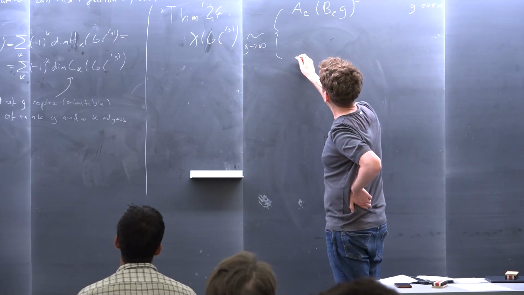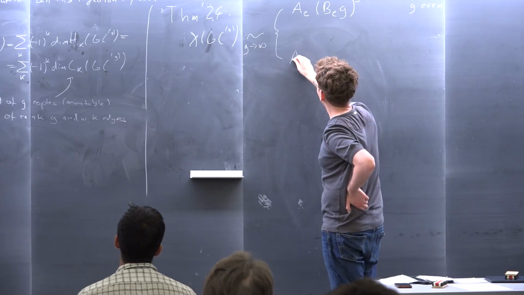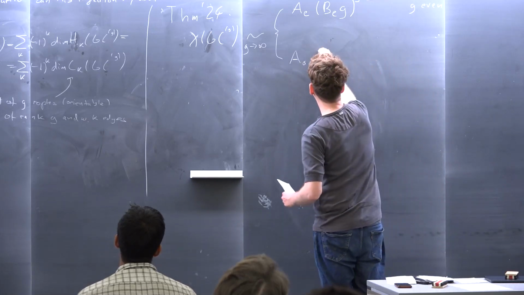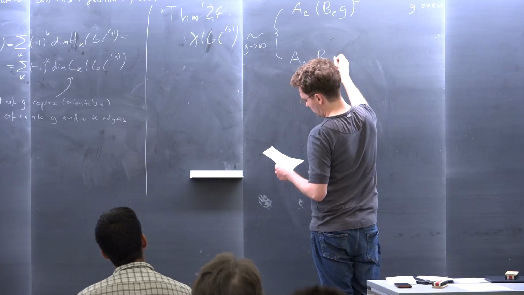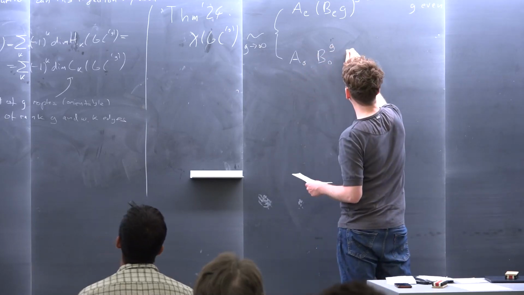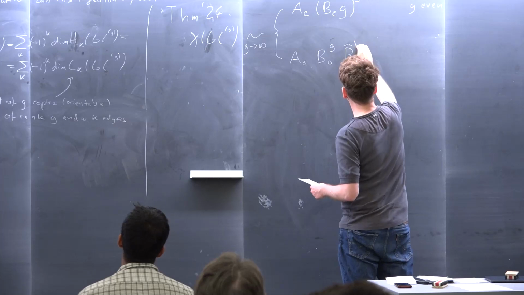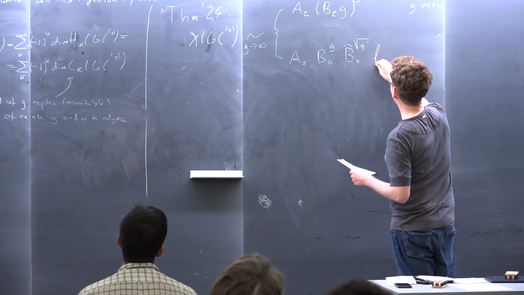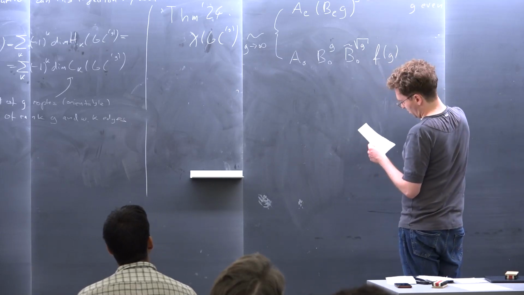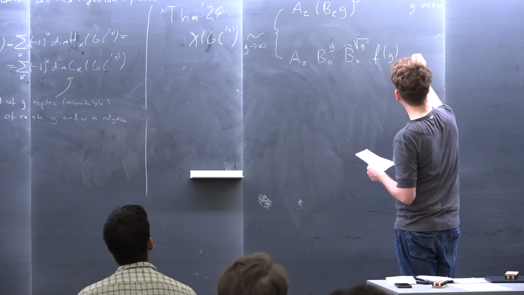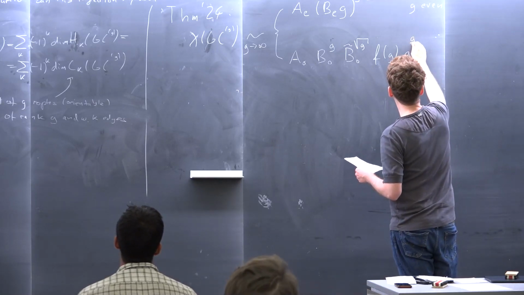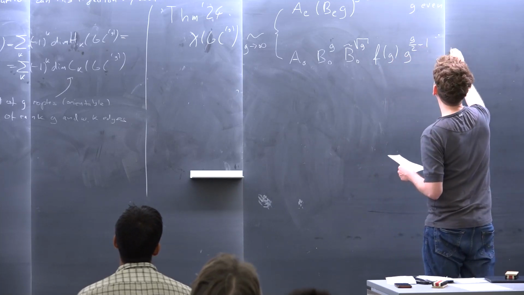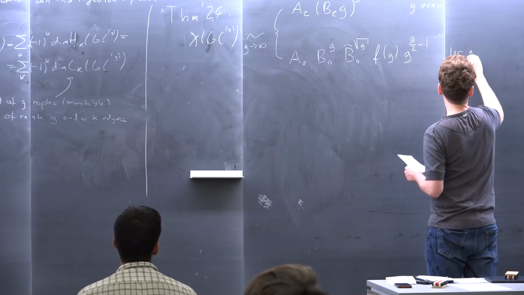Then the odd g asymptotics are more complicated. There's an exponentially growing term, there's also a sub-exponentially growing term. And then there's some more interesting function f of g, and some asymptotics that go like g to the power of g over 2 minus 1. And this is for g odd.